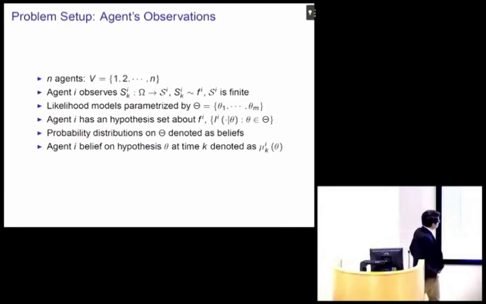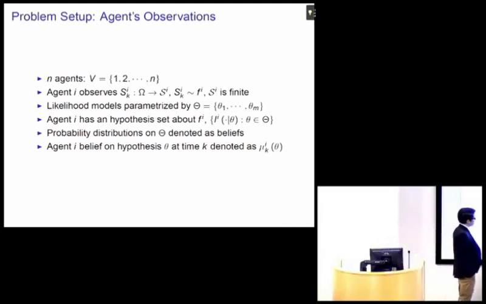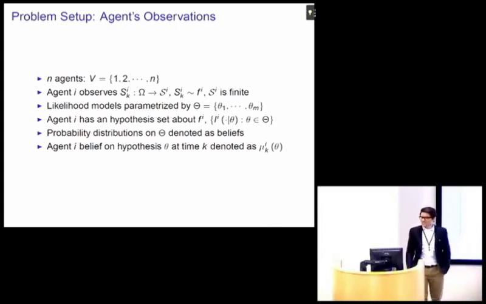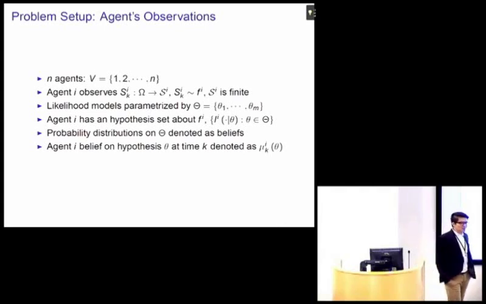Then each node has a set of hypotheses about what is going on with this random variable. The main problem is that we don't know the distribution of this random variable. We don't know the probability distribution of an attack, or the exact probability distribution of a traffic jam.